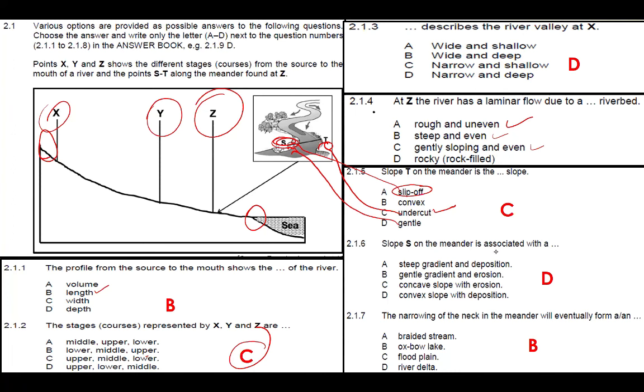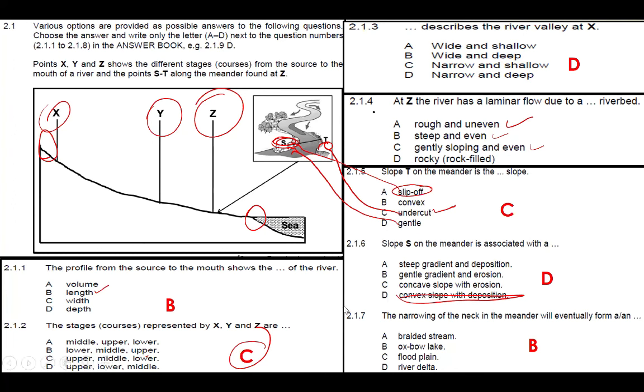Slope S on the meander is associated with what? Is it the steep gradient and deposition, gentle gradient and erosion, concave slope with erosion, or convex slope with deposition? Here it will be convex slope with deposition.